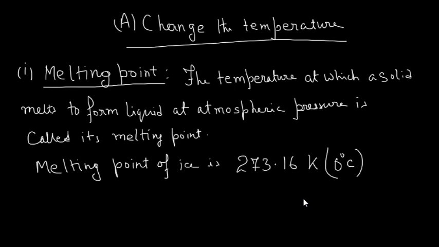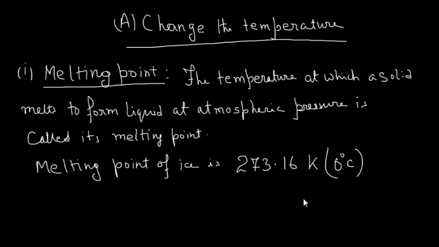During melting, the temperature of the ice does not rise even though heat is being supplied continuously due to the latent heat of fusion. So now another new term, latent heat of fusion. We'll see what it is. The latent heat of fusion is used up to overcome the force of attraction between ice particles.